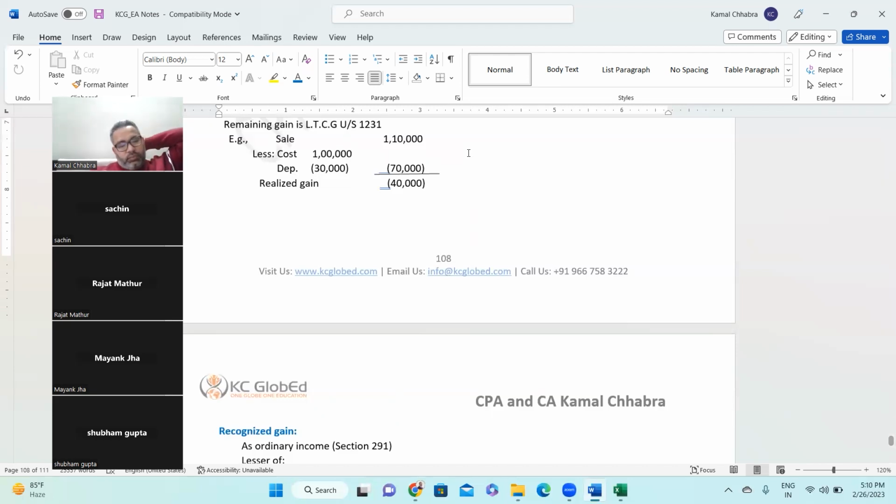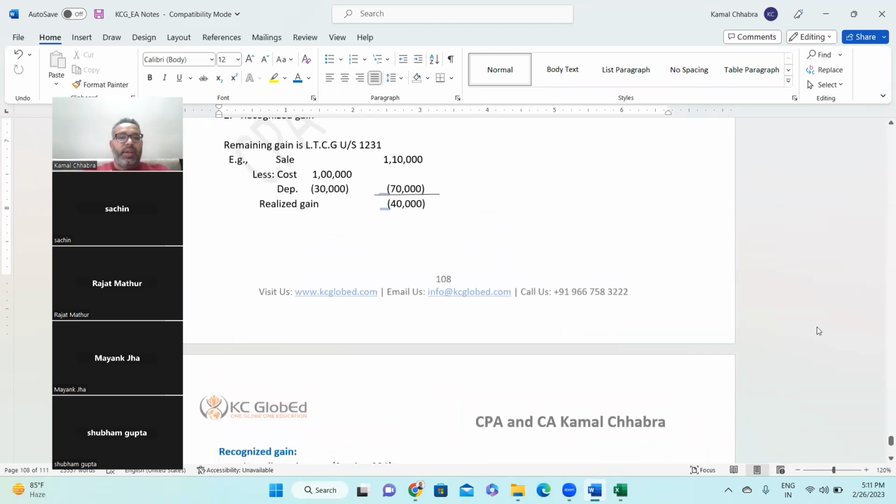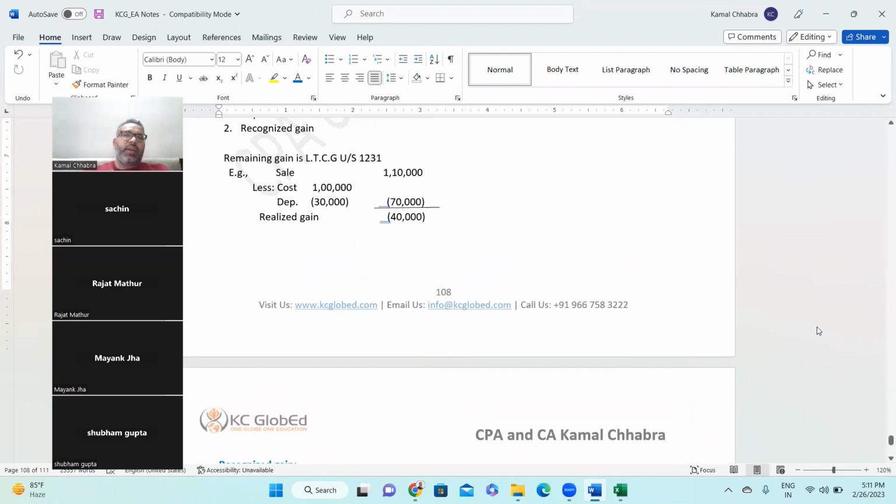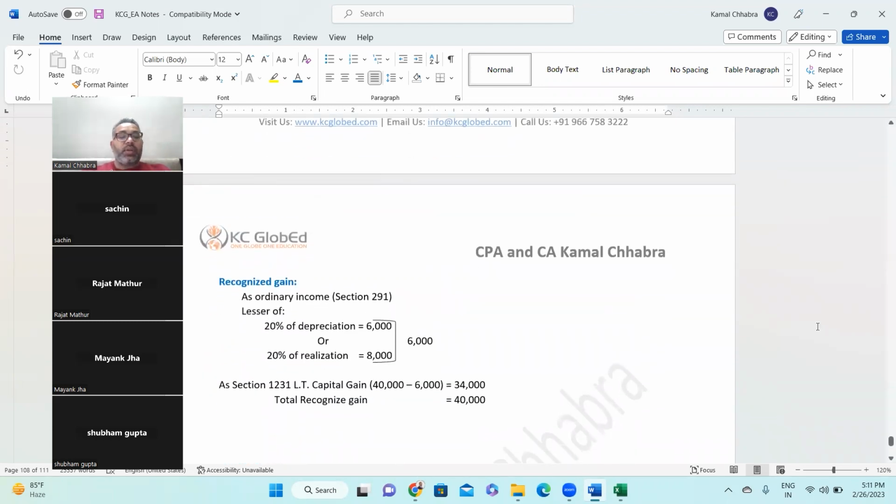Right? 20% of 30,000 is how much? $6,000. Or second is 20% of realized gain. How much is the realized gain? $40,000. 20% of the 40,000 is how much? $8,000. So 6,000 or 8,000.